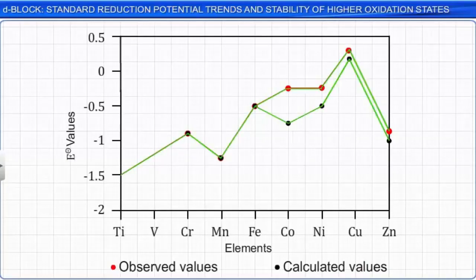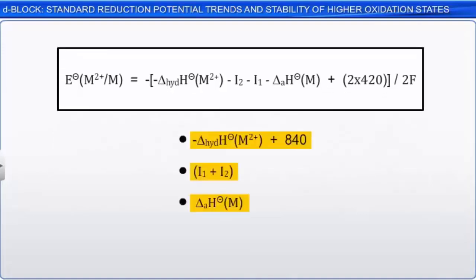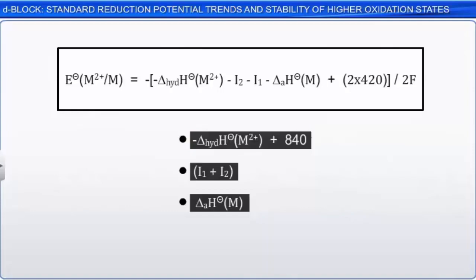The M2+ to M reduction potentials have enthalpic contributions from the terms in the equation shown here. The equation indicates that the magnitude of the reduction potential is governed by the values of three relatively large terms: the negative enthalpy of hydration of M2+ plus 840, the sum of the first and the second ionization enthalpies, and the smaller term, enthalpy of atomization.